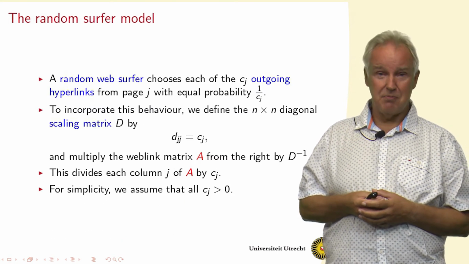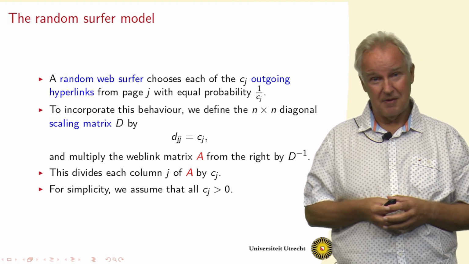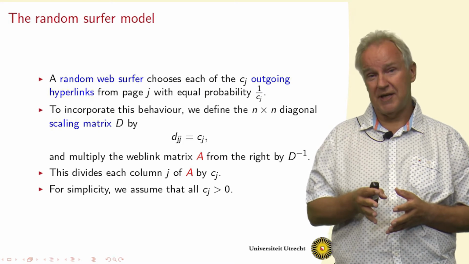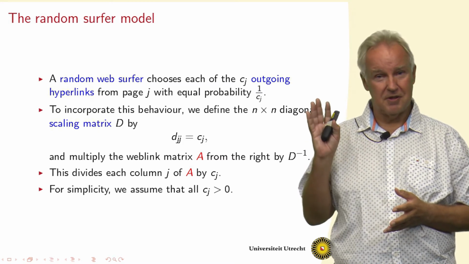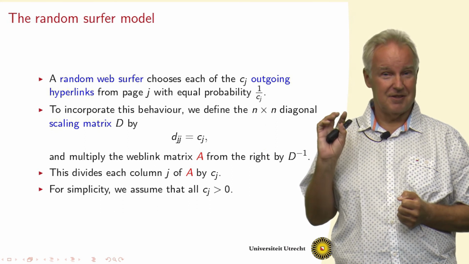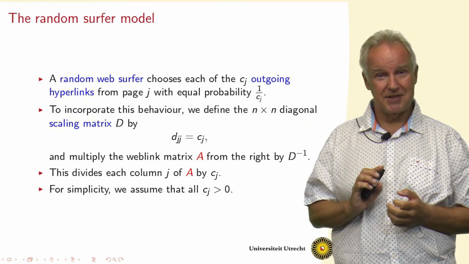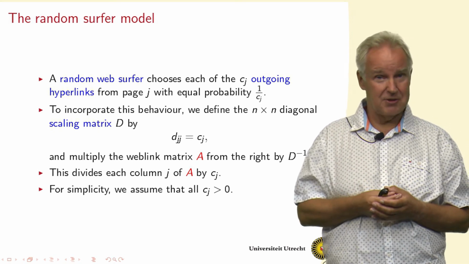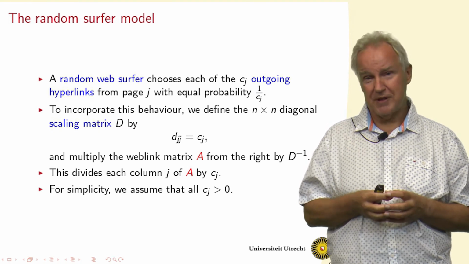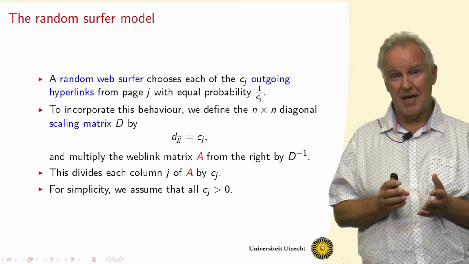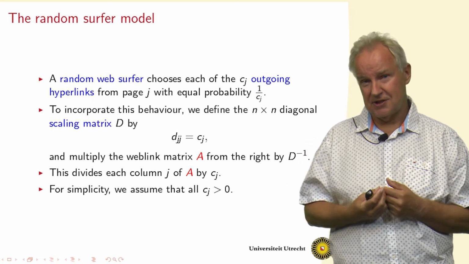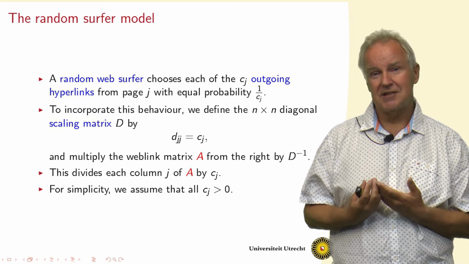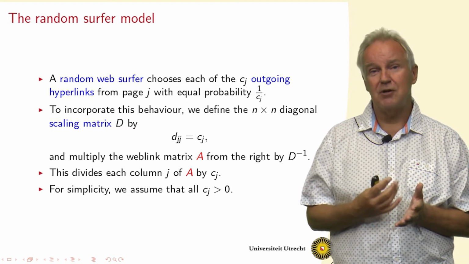In this model, we want to take care that if you're not following a link, but just are bored and jump to an arbitrary page, this is incorporated in our matrix. This is called the random surfer model. First of all, we assume that if you have C_j outgoing links in page j, then the chance of going to each of those is 1 over C_j.